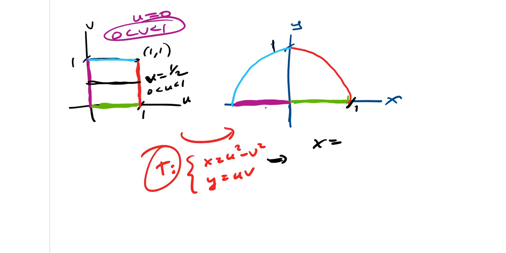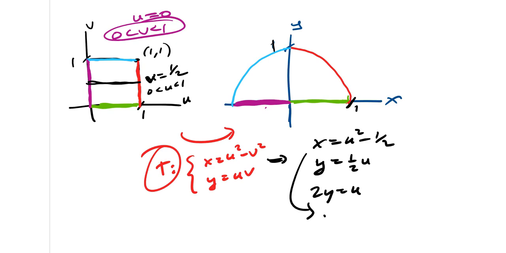X is u squared minus a half, and then y is 1/2 u. And so that's 2y equals u. So that means that x equals 4y squared minus a half.